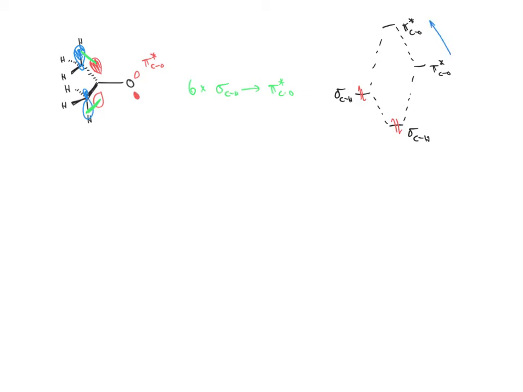And so this is going to raise the LUMO, and that's certainly not going to make it more reactive. It's going to make it less reactive. In the case of an aldehyde, we don't have as many sigma donations happening. We only have, let's say in the case of acetaldehyde, 3 sigma donations.